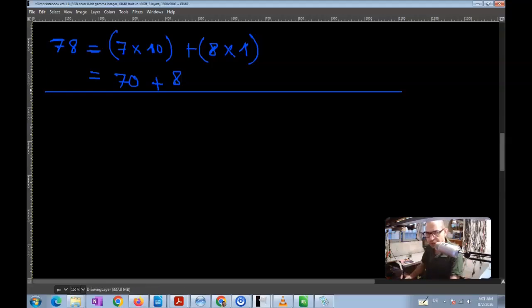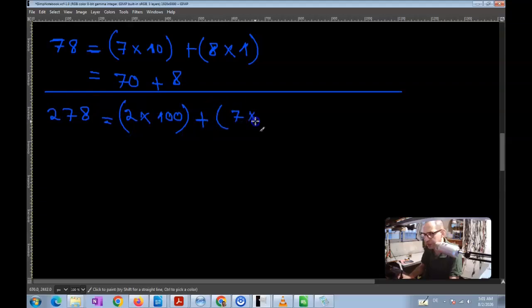Now, of course, you might have a 3-digit number like 278, for example. So if I have 278, this 2 is in the hundreds place value. That means that I have 2 groups of 100, right? Plus this 7 is in the tens place value, so that's 7 times 10, right?